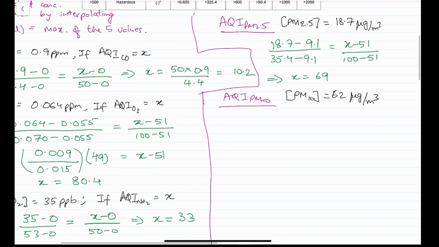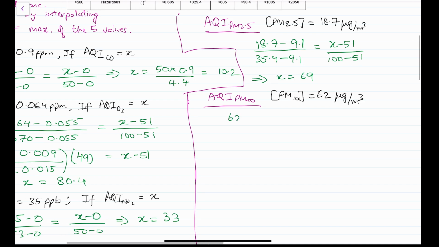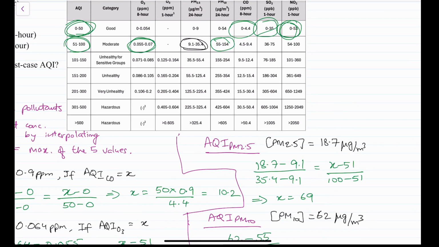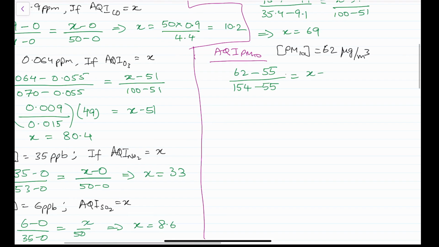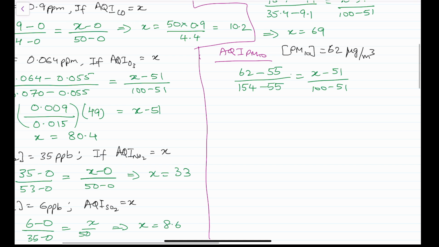So 62 minus 55 divided by 154 minus 55, so we are using these numbers here, would be equal to x minus 51 divided by 100 minus 51, and we solve this, we get x equal to 54.5.